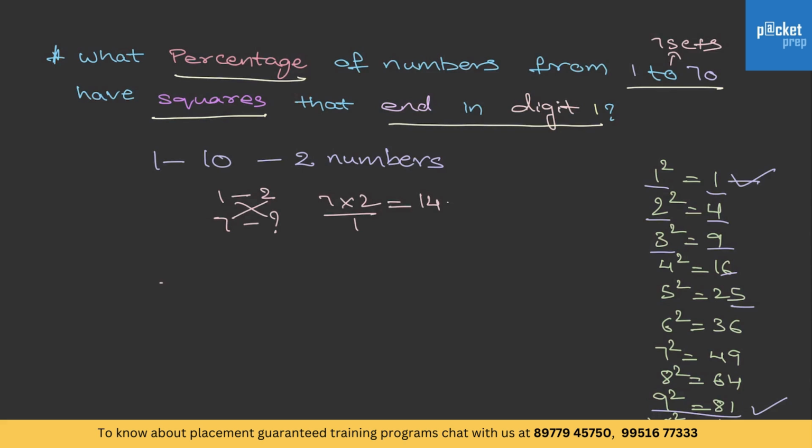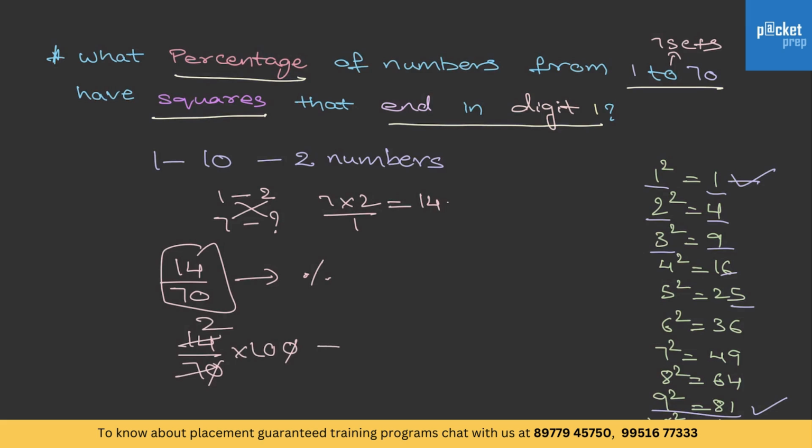So, out of 70 numbers, there are 14 numbers in favor of this condition. We've got the ratio. Now we must convert this into percentage. This can be done by multiplying with 100: 14 by 70 into 100, which gives us 7 twos are 14, and 20%. So 20% of numbers from 1 to 70 are following this particular condition.